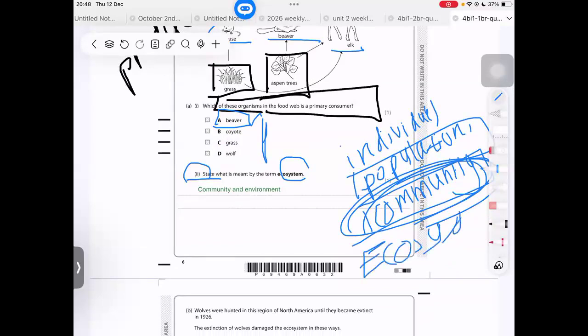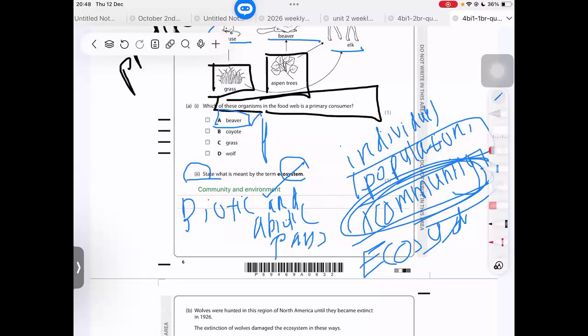So basically, if they ask what is meant by the term ecosystem, if you have mentioned that it's a combination of the community and the environment, you get 1 mark. Or else you can write it down like this. If you have mentioned biotic and abiotic factors, biotic and abiotic parts together, that also means it's an ecosystem.